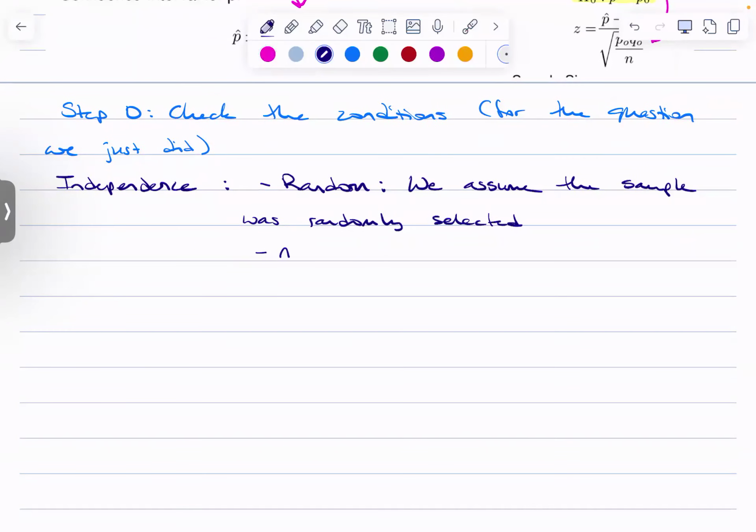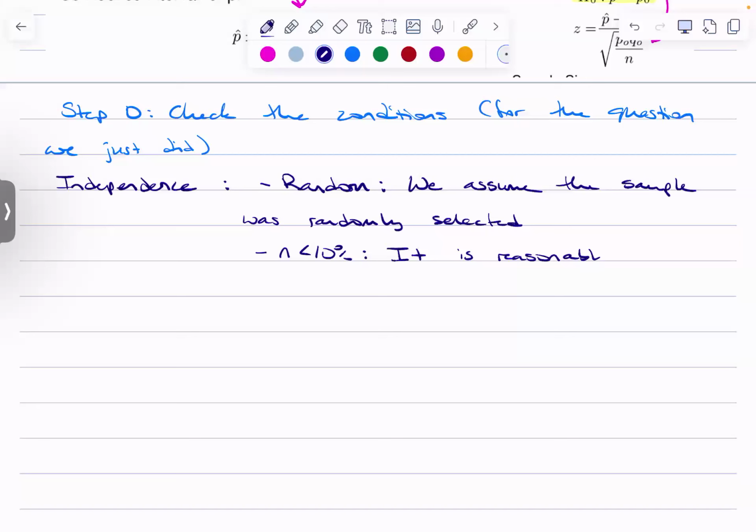the less than 10% condition, I'll give you some common phrasings that we use. Usually we say something like, it is reasonable to assume that 850 is less than 10% of all American Facebook users.